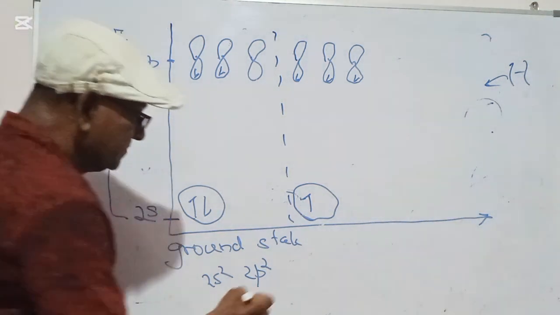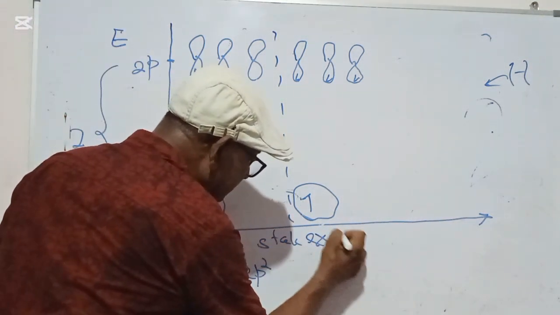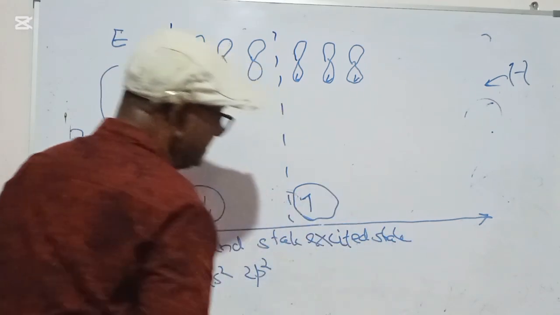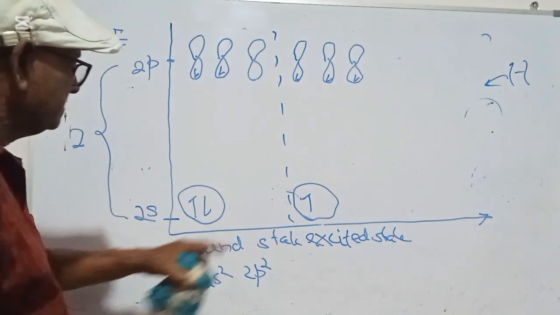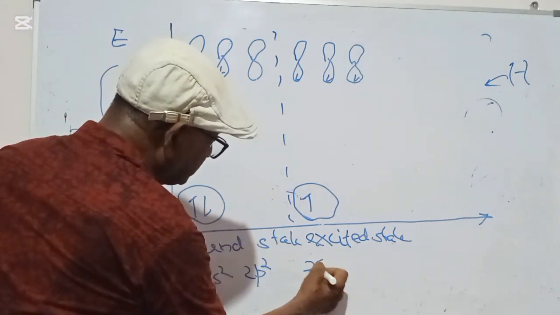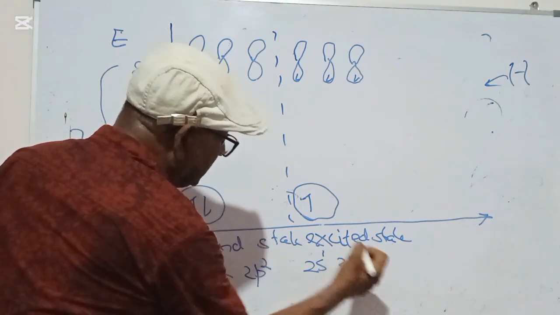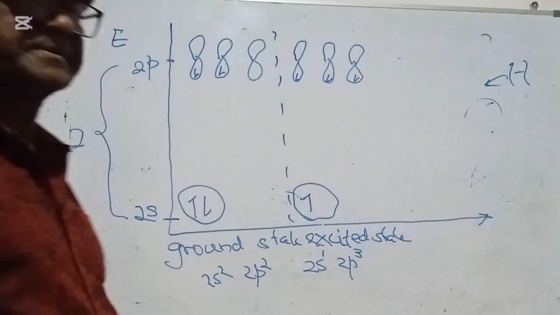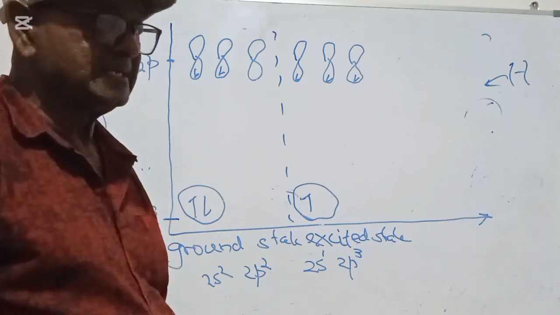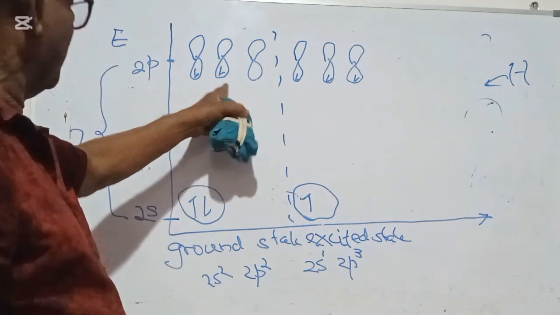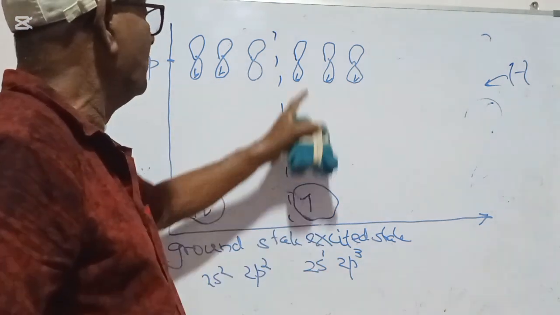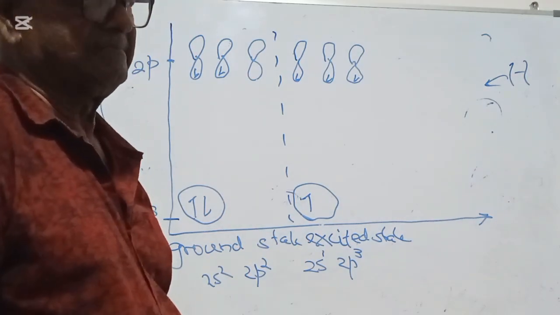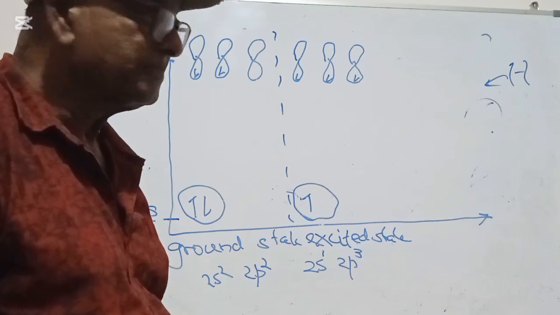This is the excited state. Now the configuration becomes 2s1, 2p3. Number of electrons does not change. 4 electrons, here also 4 electrons. Only the place changes, the excitement.